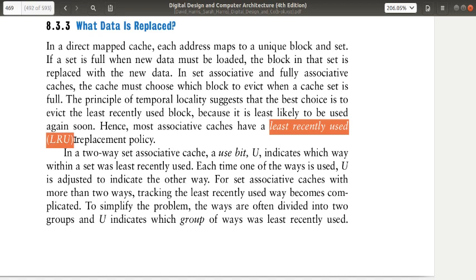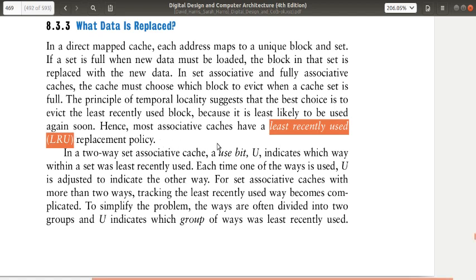Now that this is decided, we will be using the least recently used policy. We need to know how to identify the least recently used block, right? Because without identifying the least recently used block, we cannot replace it.